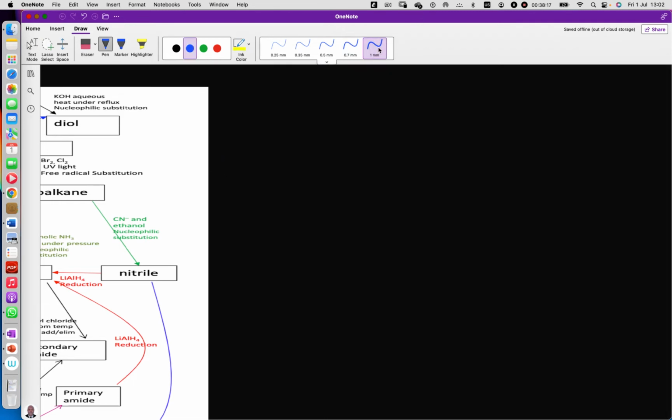In that condition, it will not be a diol, but another compound. Take, for instance, oxidation of this type of alkene here.